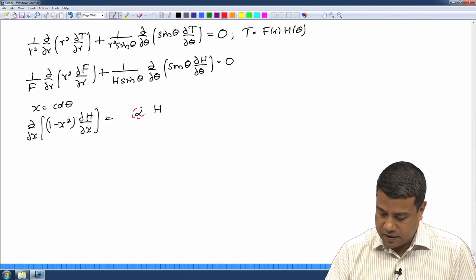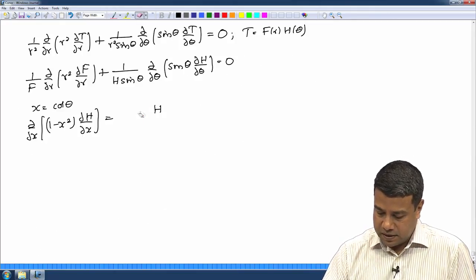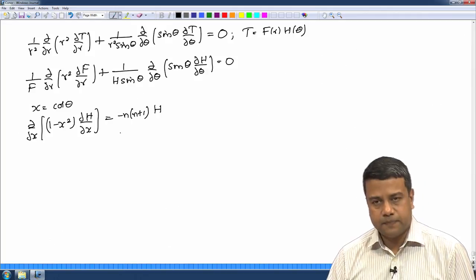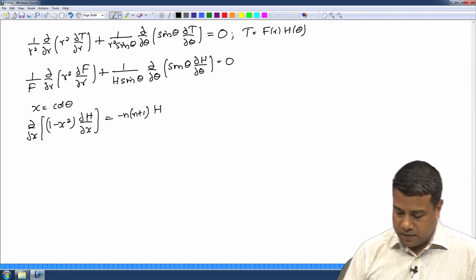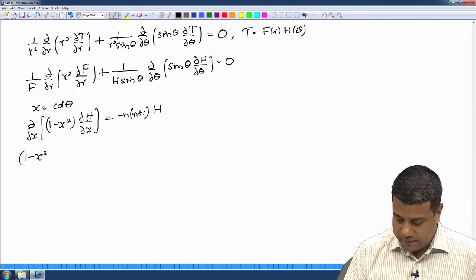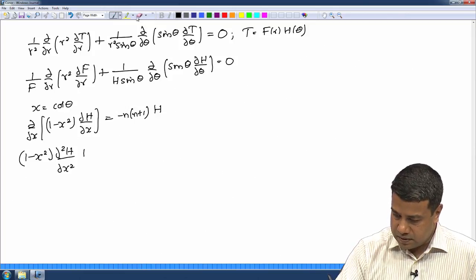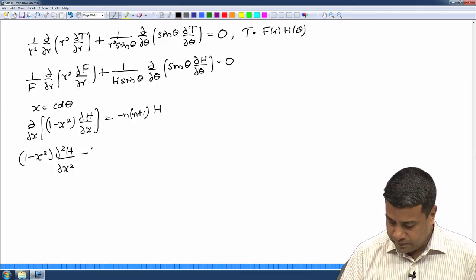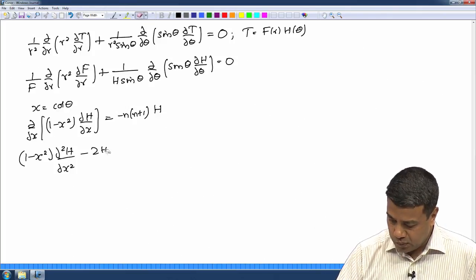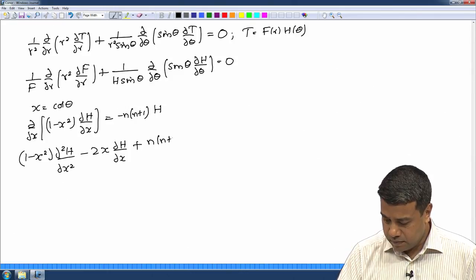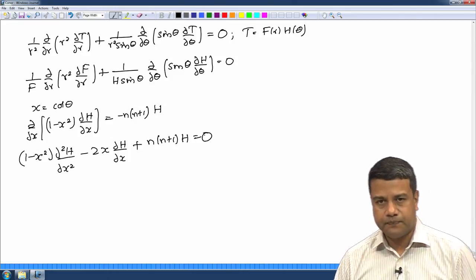This is in the form of a Legendre equation, and I had said that this has solutions only if this constant has a specific value, and that is minus n into n plus 1. And if I do that, the equation becomes 1 minus x square partial square h by partial x square minus something is equal to 0.